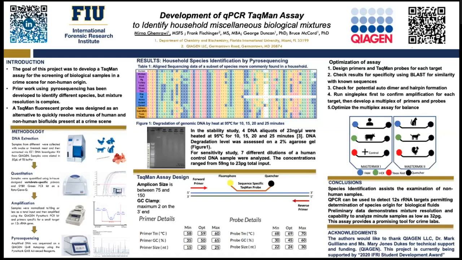Then by running this relatively easy and straightforward assay, in particular the pyrosequencing, if it's a single source, you would get the results in about 2 hours. Well, a little bit more if you're doing extraction, quant, and amp, but within a day or so, you would get the result of who contributed that non-human DNA sample, basically.